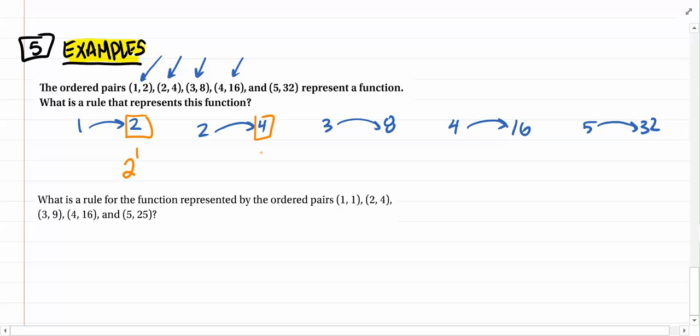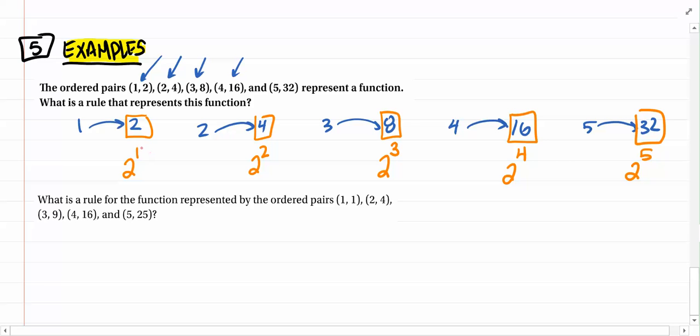The number 4 is the same thing as 2 to the second power. The number 8 is 2 to the third power. The number 16 is 2 to the fourth power. The number 32 is 2 to the fifth power.